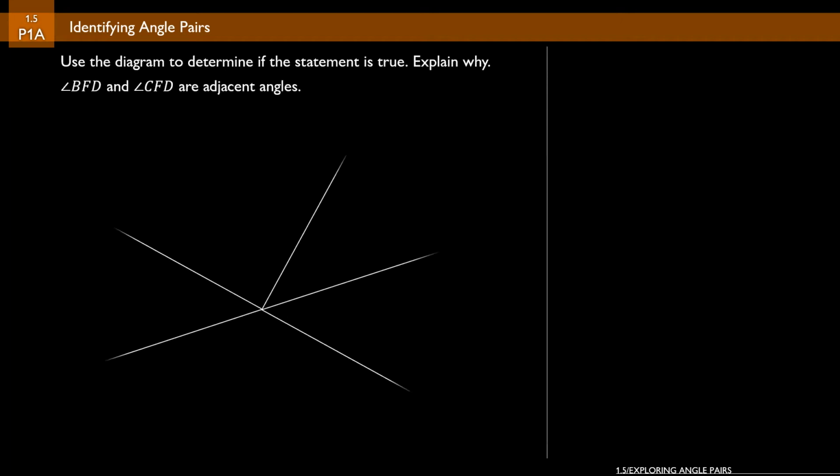Looking at problem number 1A, we have identifying angle pairs. We're going to use the diagram to determine if each statement is true, and then we're going to explain why it's either true or false. So the first statement is angle BFD and angle CFD are adjacent angles. So you want to find out where is angle BFD, and you can see that angle BFD has now been highlighted in orange.